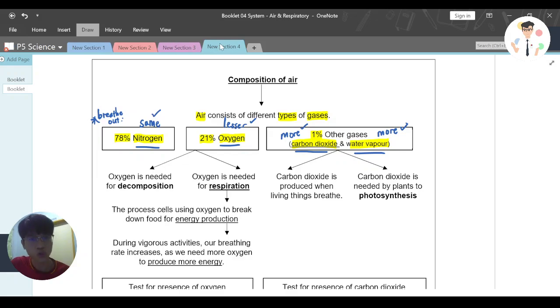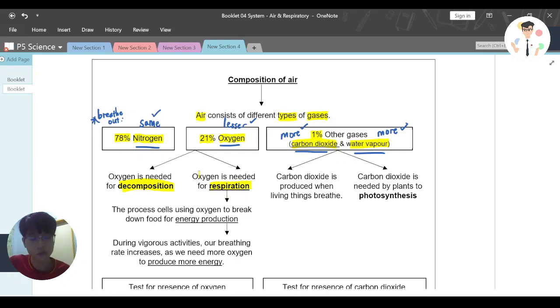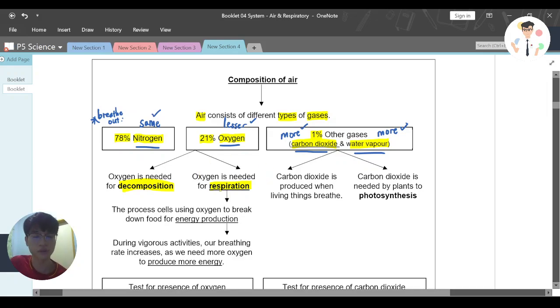So first, as you know, oxygen is needed for respiration, and it is also needed for something called decomposition. You might not know what decomposition is, but that's fine. You'll be learning it in detail in Primary Six. So let's come back to respiration, which is our main topic. Respiration is a process whereby cells use oxygen to break down food for energy production.